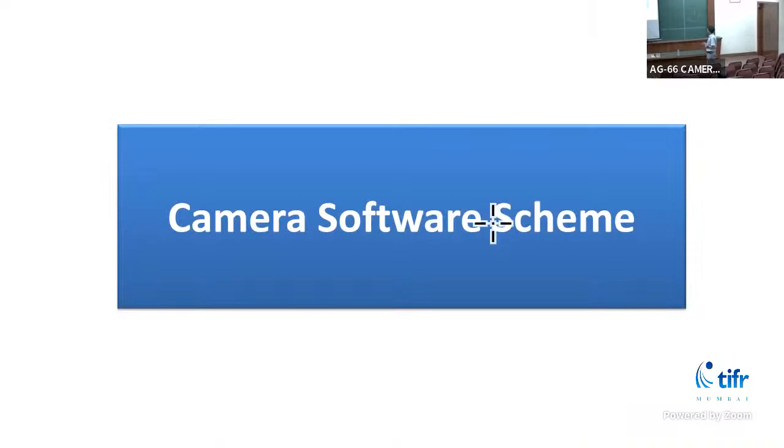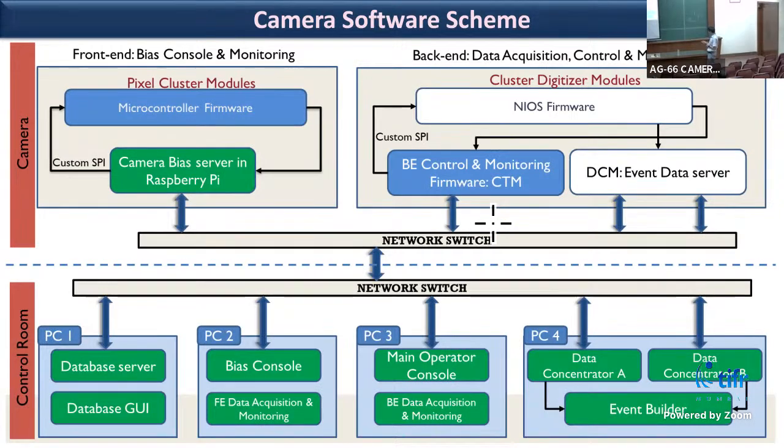So this is the camera software scheme. The camera software is divided into two parts: firmware running in the camera modules, and software in the PCs at the control room.